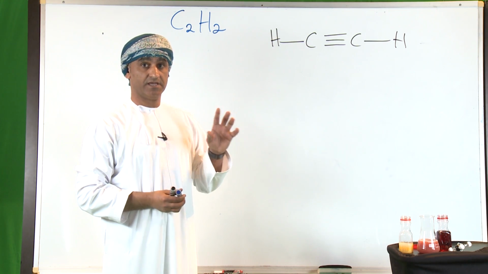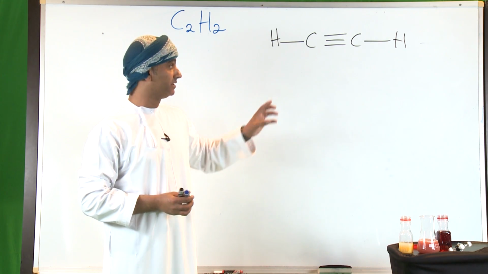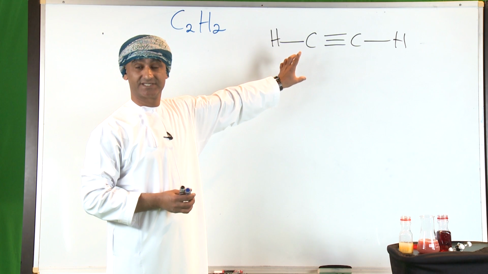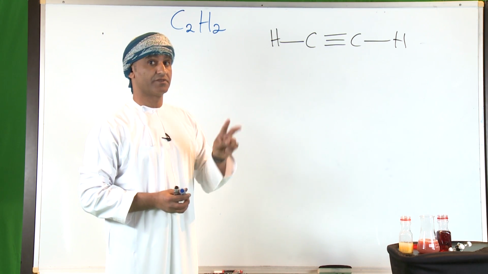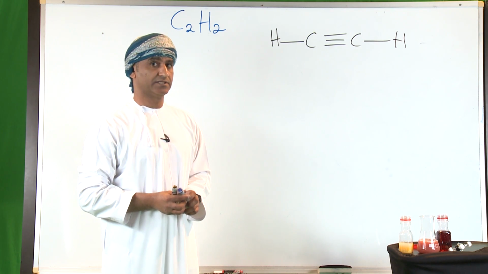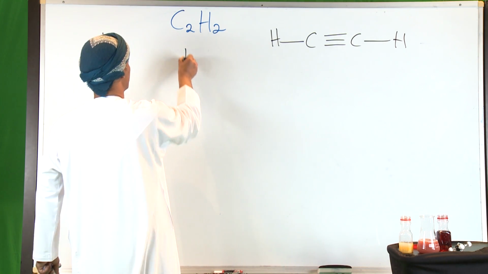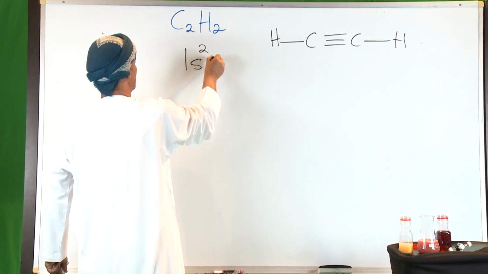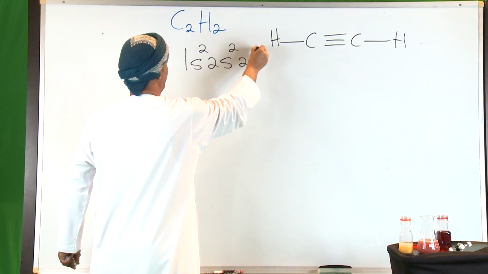Now, according to the valence shell electron pair model or VSEPR model, that triple bond is counted as a single effective electron pair. So there are therefore 2 electron pairs around each of these carbon atoms. Let's again go back to the electronic configuration of carbon. Carbon has an electronic configuration of 1s2, 2s2, 2p2.